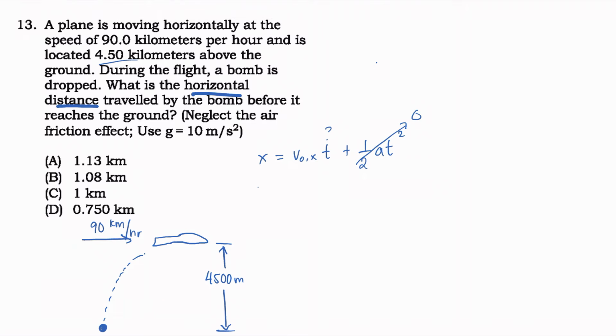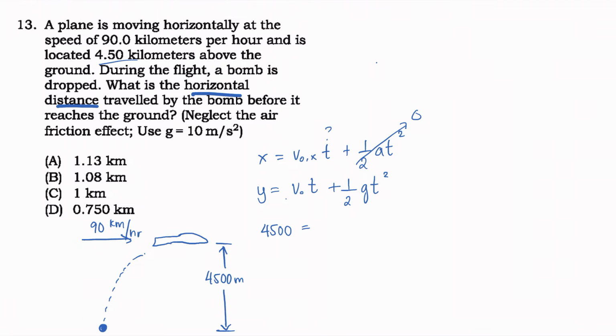So, para mahanap natin yung time, meron tayong formula na y is equal to initial velocity times time plus 1/2 gravity times time squared.